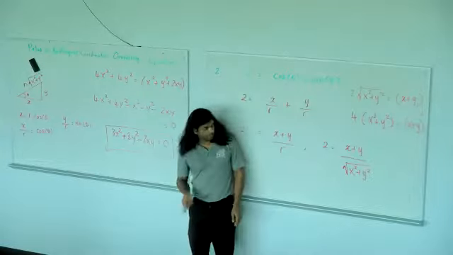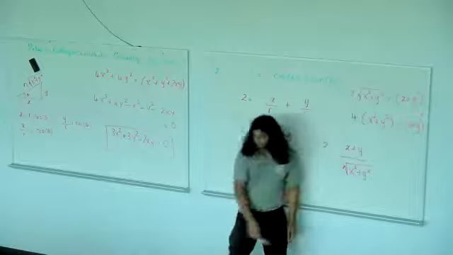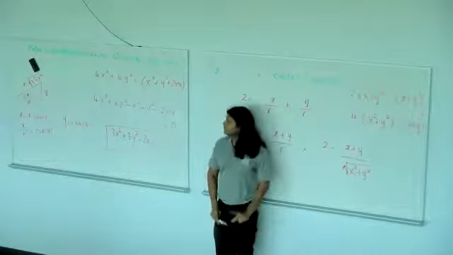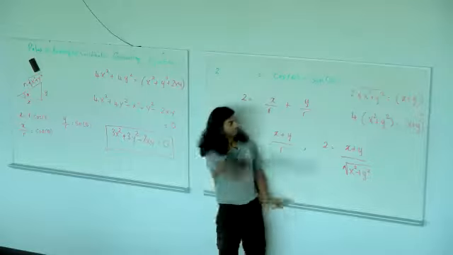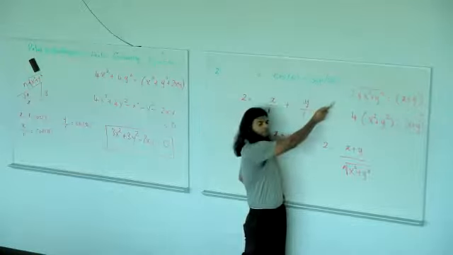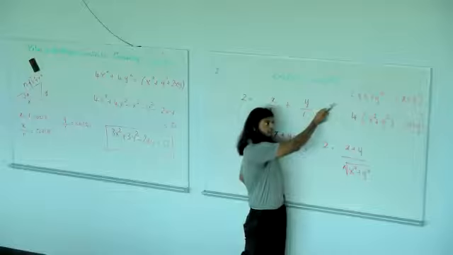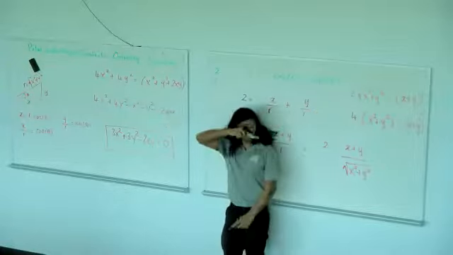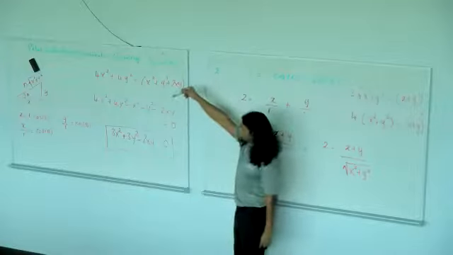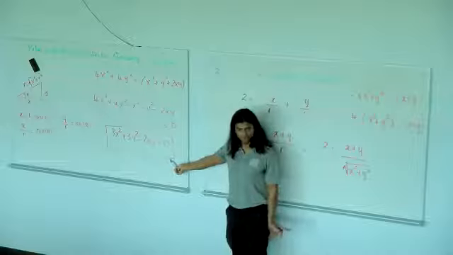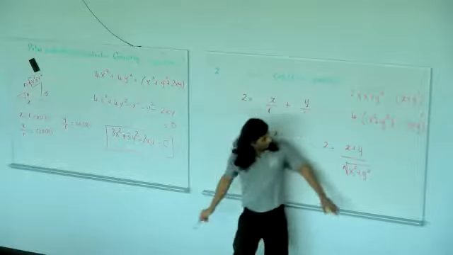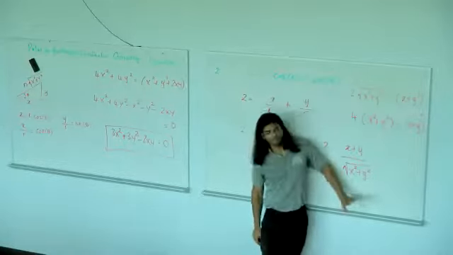So you should know how to go from here to there, which simply requires algebra. Good. Multiply by the square root of x squared plus y squared on both sides, foil, move everything to one side, and end up with that answer.